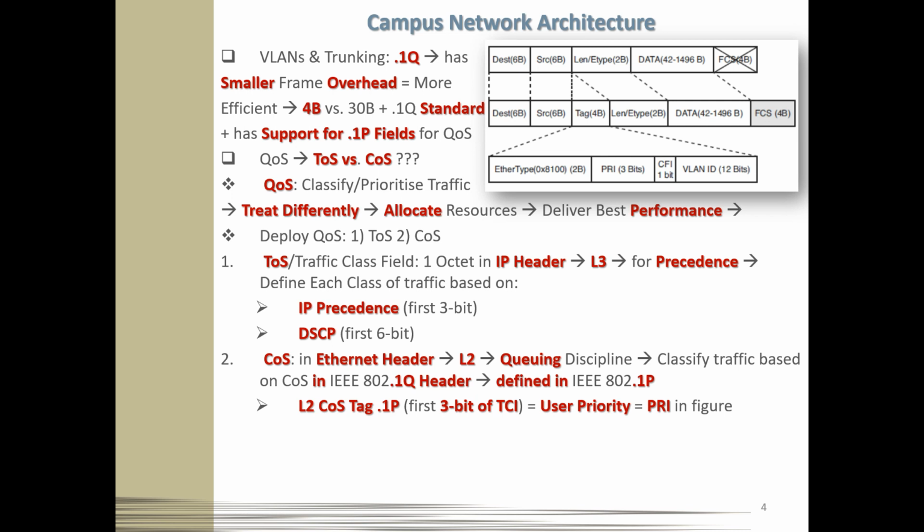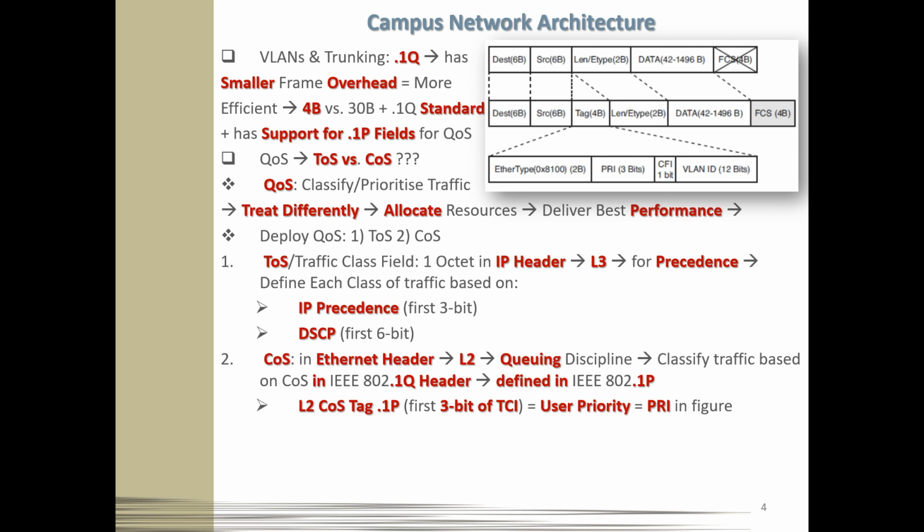inside 802.1p, inside 802.1Q, and it can be used for categorizing traffic. With 3 bits we're going to have 8 different values, 0 to 7, and this works at layer 2. CoS is 802.1p within the 802.1Q header, 3 bits at layer 2.